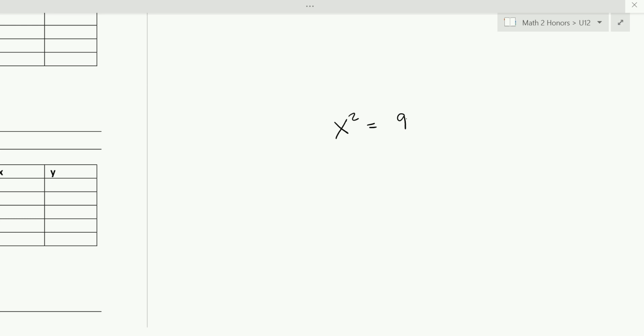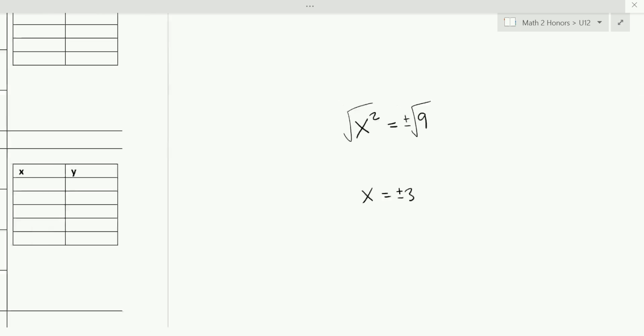What'd you say, Chris? Plus or minus 3. A common mistake is to say the answer is 3, which is half the answer, because 3 squared is 9, but so is negative 3. If you square a negative, you also get a positive answer. So the bottom line is that when you take the square root of both sides, don't forget to put a plus or minus sign, because you could have that positive or that negative value. They both work. You get two answers.